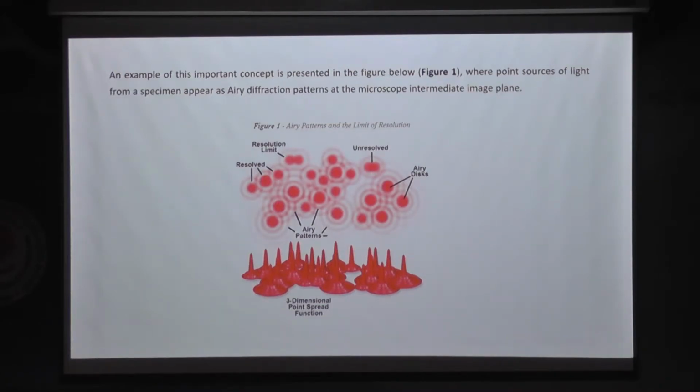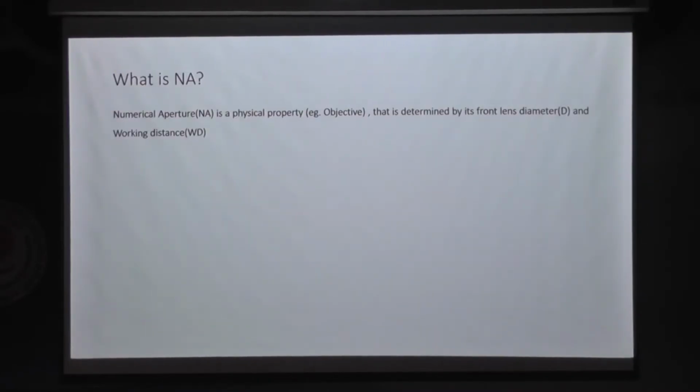These patterns help visualize the resolution. The numerical aperture is a physical property of an optical component. It can be of the objective, and here we will consider the objective; it can be there for the condenser also. It is the physical property to carry light.